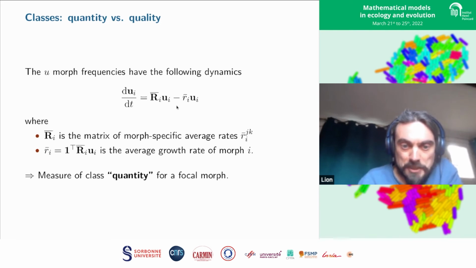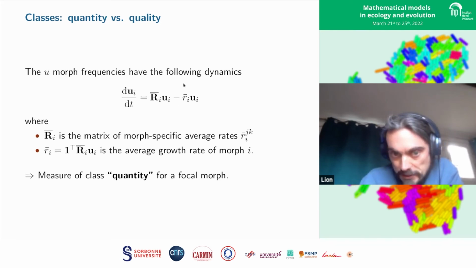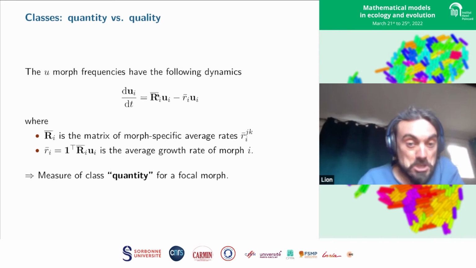Okay, I'm going to speed up a bit, but basically this dynamical equation depends on the matrix of morph-specific average rates. That's the same as before, but at the morph level. And this is the per capita growth rate of the morph I, so the average growth rate of morph I. This is one dynamic equation.